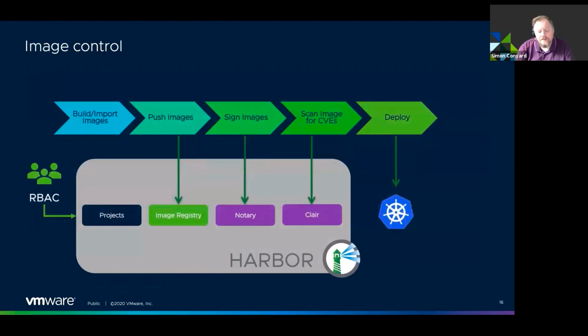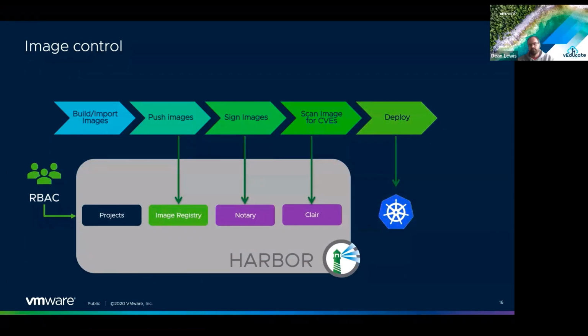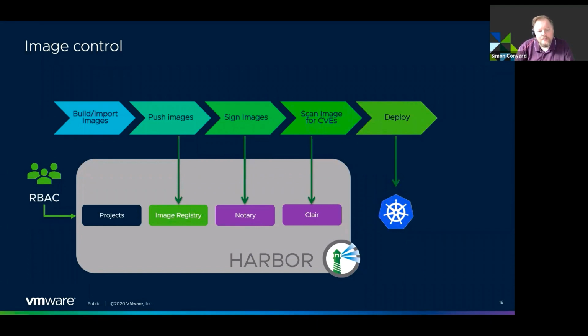Yeah, absolutely. Just like we use content libraries to manage what templates are available or what OVFs and OVAs are available to deploy into the environment, we can use Harbor to do that in the image space for Kubernetes. What that means is that we can come up with, on a project by project basis, a list of approved images that can be deployed into an environment.